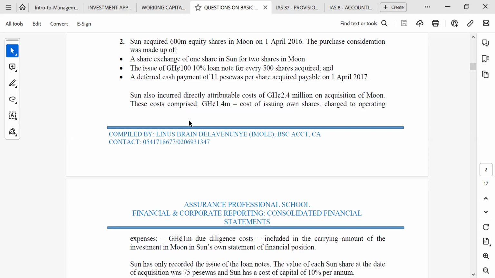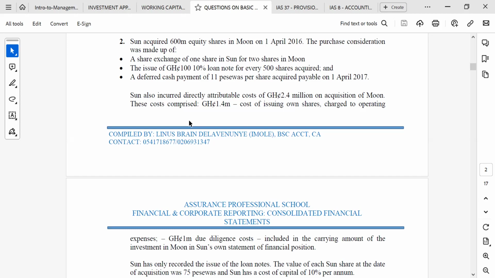How should it be treated? It should be treated as what? Or have we forgotten? Should it be expensed or issued? It should be taken from the shares. That's capitalization. Okay, it should be capitalized. The cost of issuing your own shares should be capitalized.